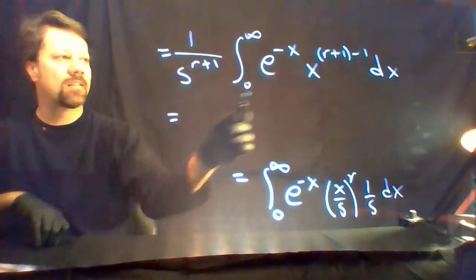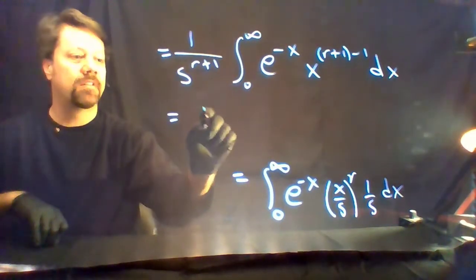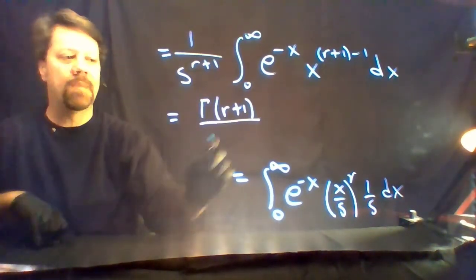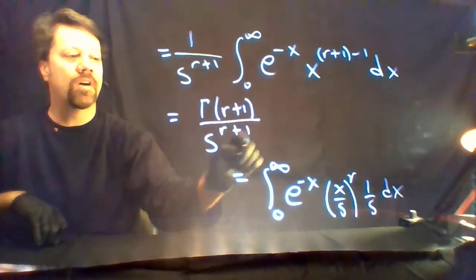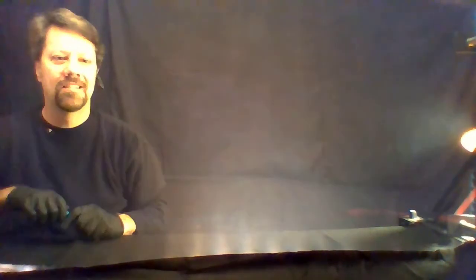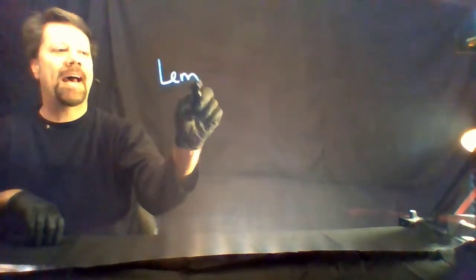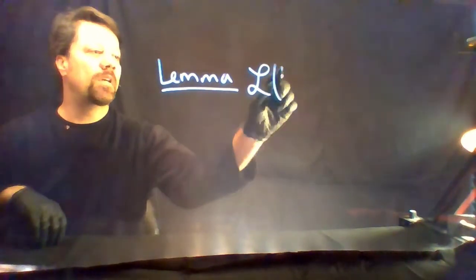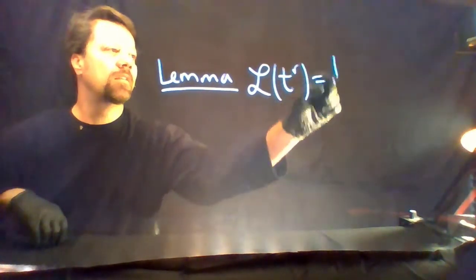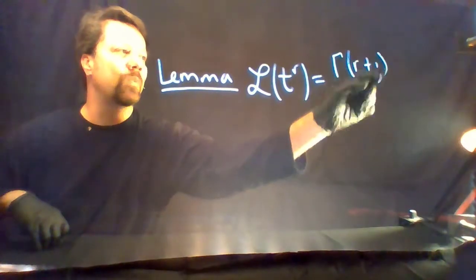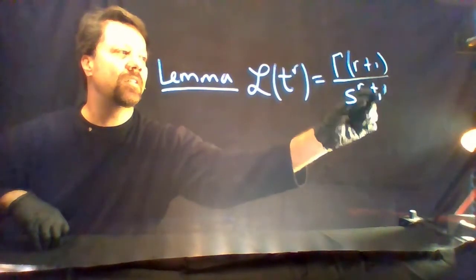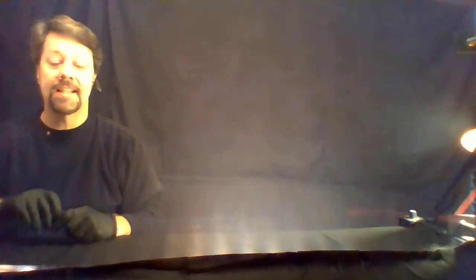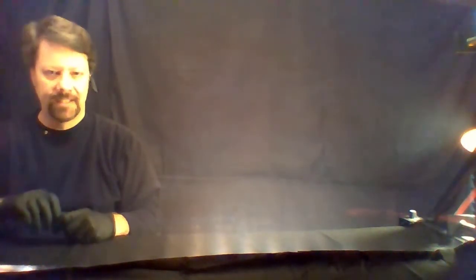This gives us a gamma function, gamma of r plus 1, divided by s to the r plus 1. We've proved the following fact. The Laplace transform of t to the power r is gamma of r plus 1 divided by s to the r plus 1. The gamma function is known as a special function, of which there are many in mathematics.